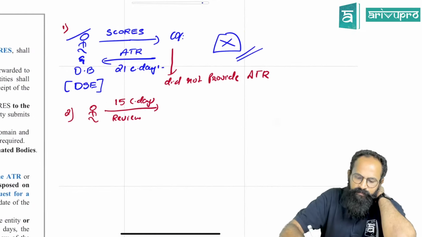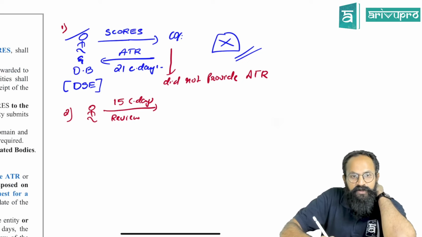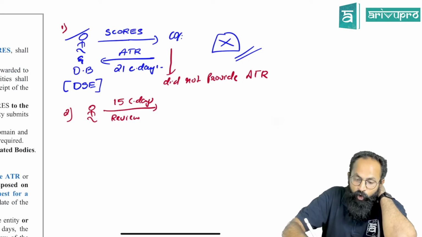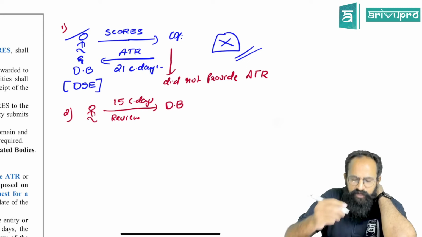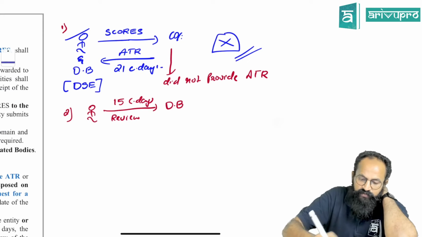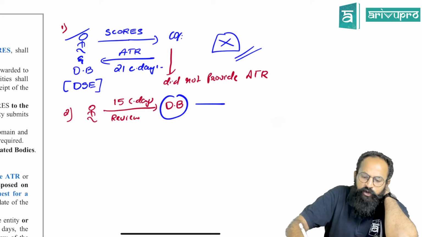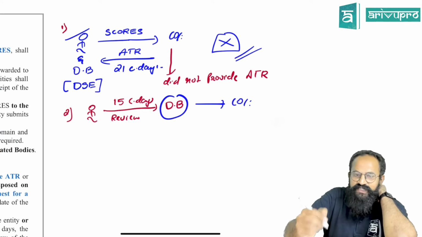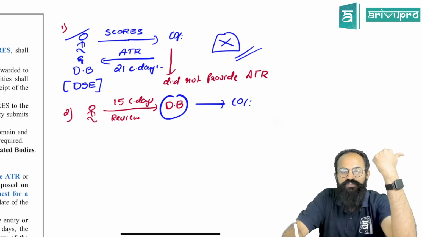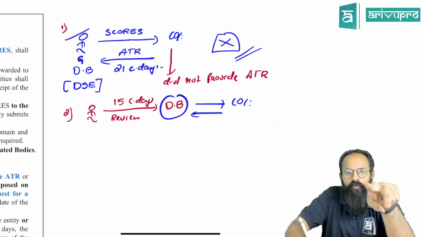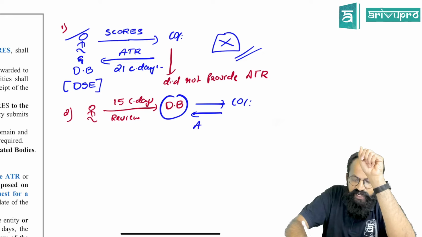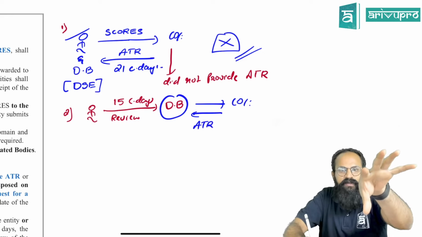Now what will happen, people? This particular person has gone for a review. Who will take up the review? The review will be given to the designated body. Now what will the designated body do? The designated body will reach out to the company. Whatever resolution you have provided, the investor is not happy. You give me the action taken report again. What is the solution you are giving? The ATR will be again taken care of by the company.